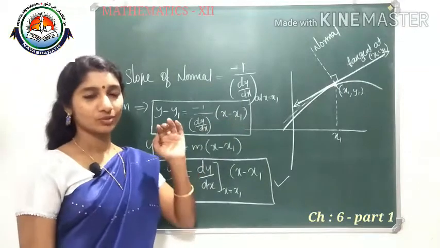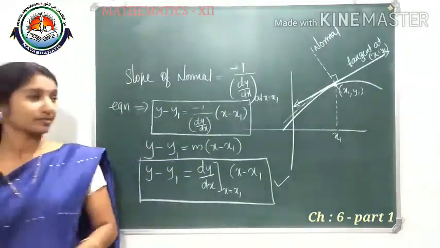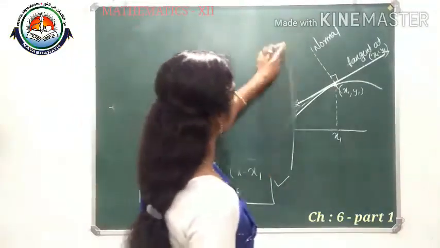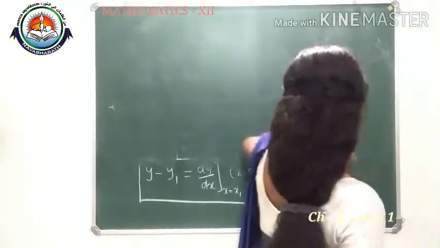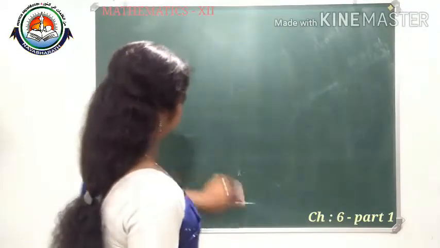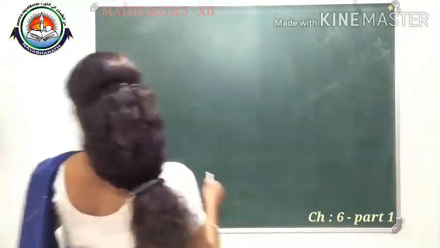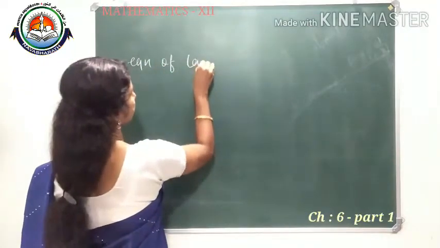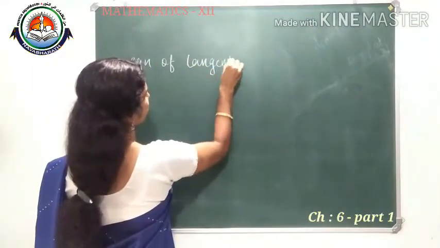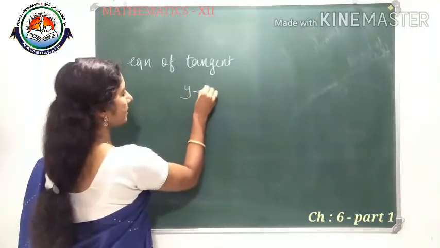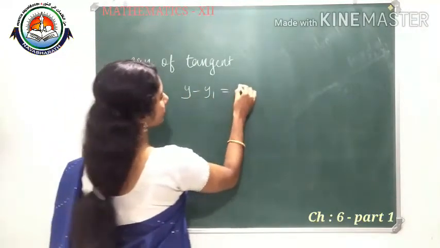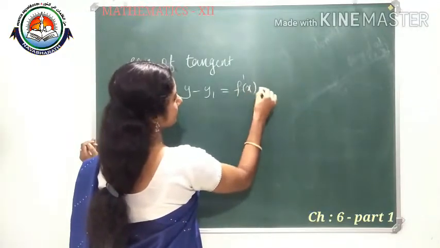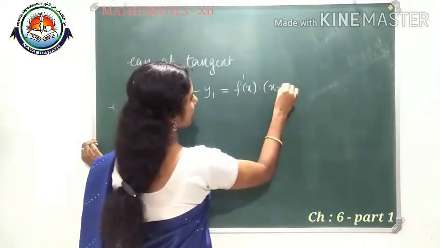Okay. So to find the equation of tangent and normal we can use derivatives or differentiation. Writing once more. Equation of tangent: y minus y1 is equal to the slope, dy by dx or f dash of x1, into x minus x1.